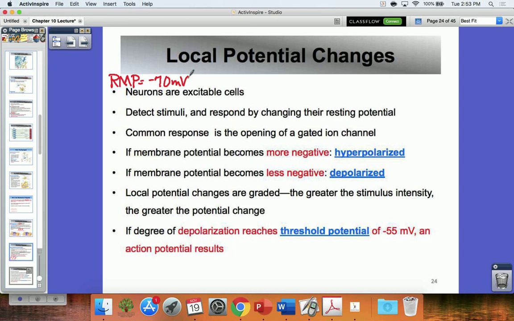So if this membrane potential becomes more negative, we call that hyperpolarized. If it's more negative, that means that it has to be less than -70.